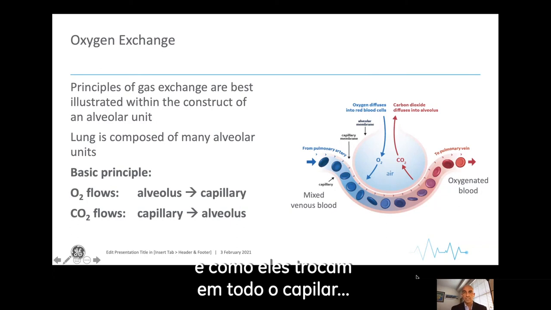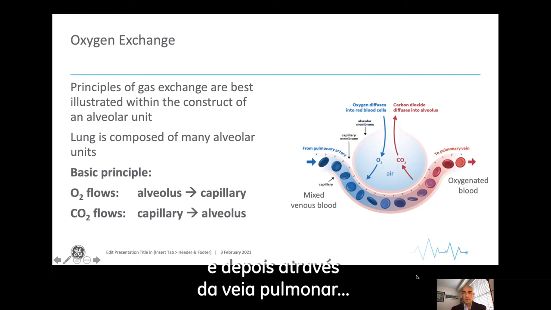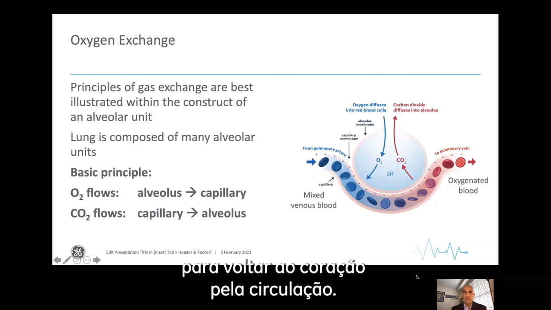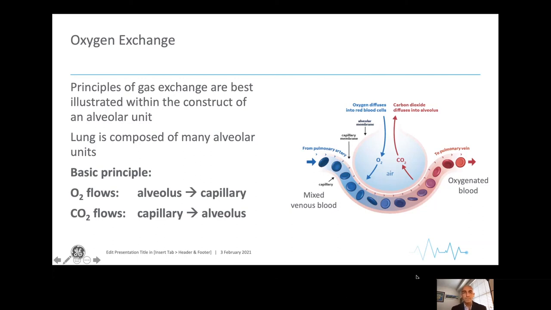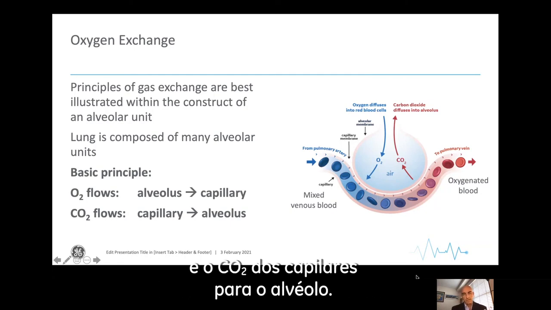And as it traverses across the capillary, coming from the pulmonary artery, undergoing oxygen exchange within the alveolar unit, and then through the pulmonary vein to return back to the heart for circulation. So simply stated, oxygen flows from the alveolus into the capillary, and in the opposite movement, CO2 will move from the capillary into the alveolus.